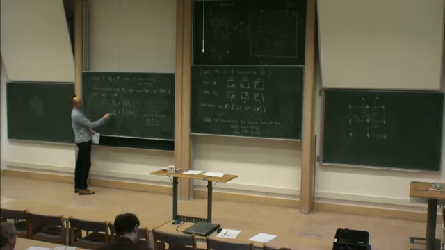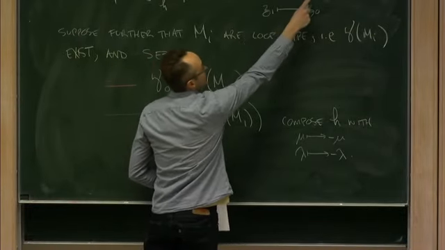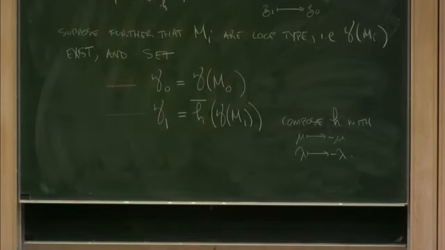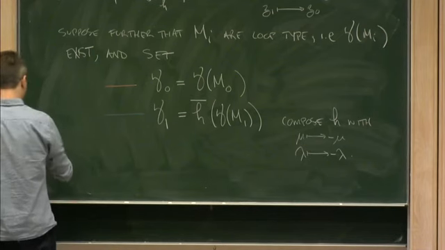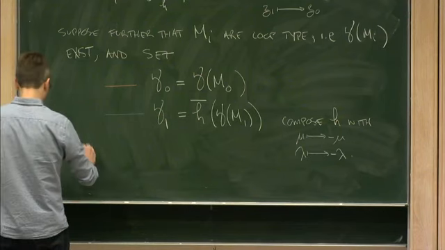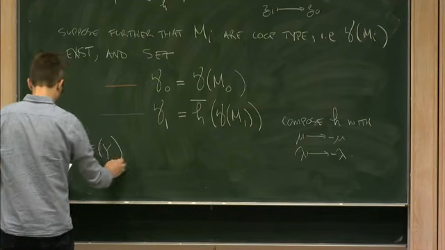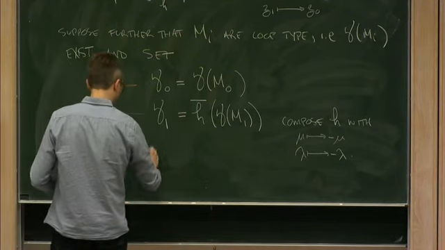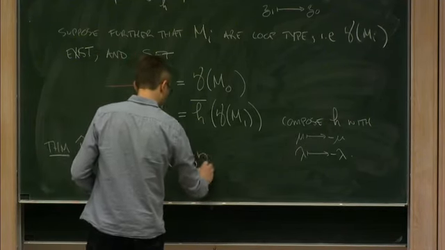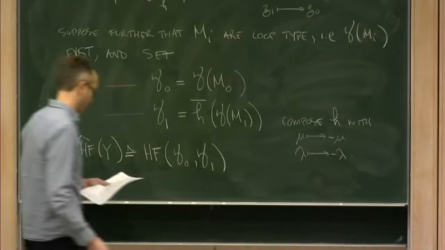So what's the point here? I'm trying to compare both of these curves back in the boundary of M0 minus its point, and then I want to compute the intersection Floer homology of those things. So that's the theorem. HF hat of Y is the Floer homology of these sets of immersed Lagrangians, gamma 0 and gamma 1.